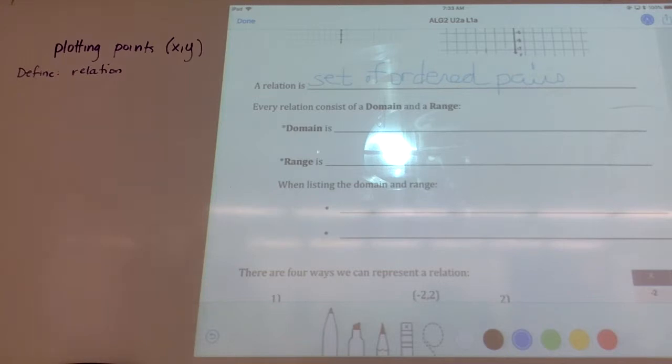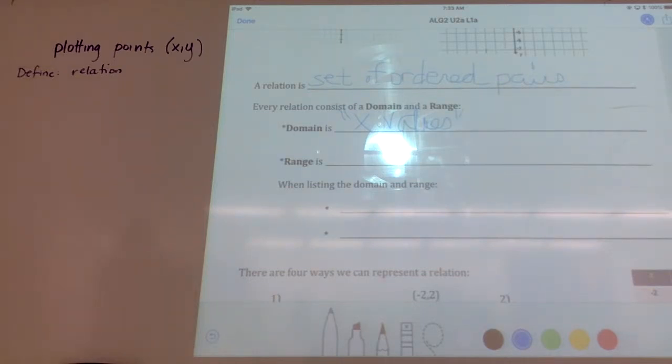Okay? Set of ordered pairs. Every relation has two parts to it. It has the domain, which is your input values. Okay? So I'm going to put in quotes here, I'm going to say these are kind of like your X values. Yep, your X values. All right?